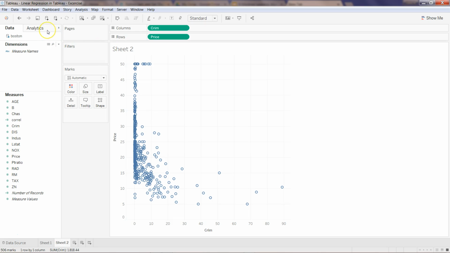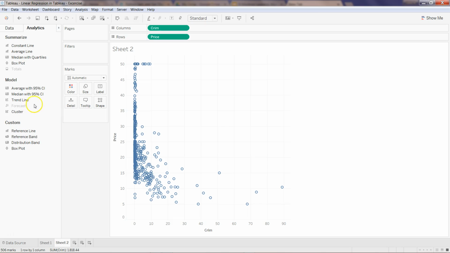So what we need to do to create linear regression is go into the analytics tab and find this trend line and say linear. And as you can see, we have the negative linear regression, where it is saying that in 1000 price is declining by 0.412 or 0.413 in round figure when you multiply it with the crime rate, plus 24.0162.